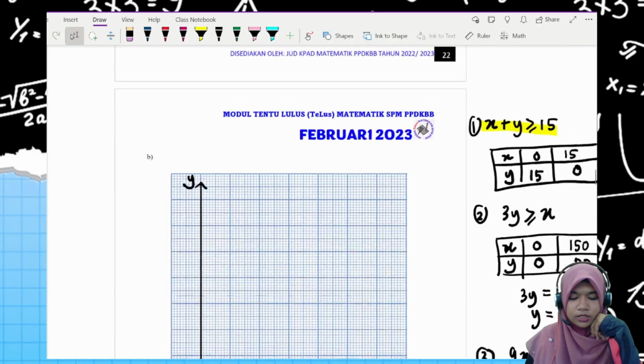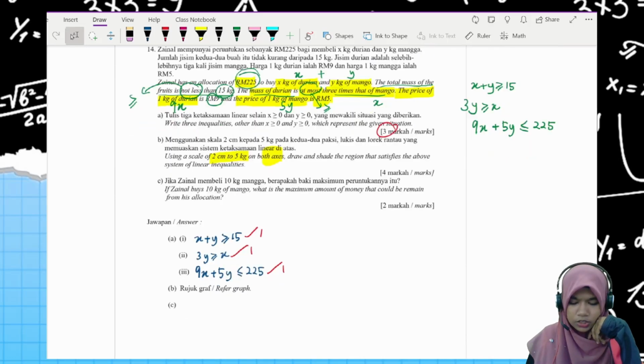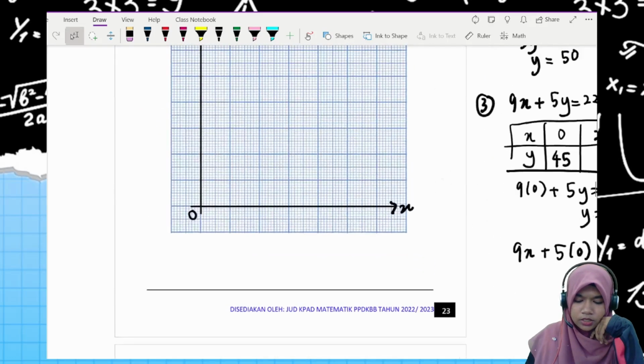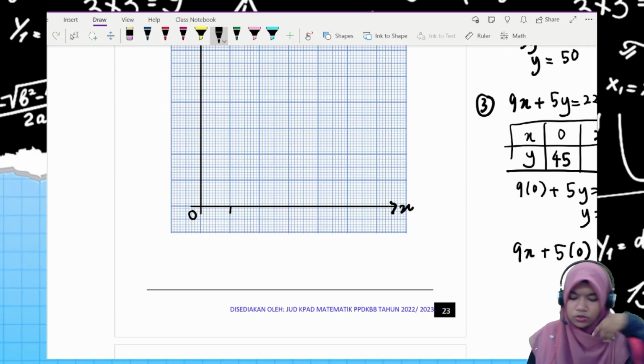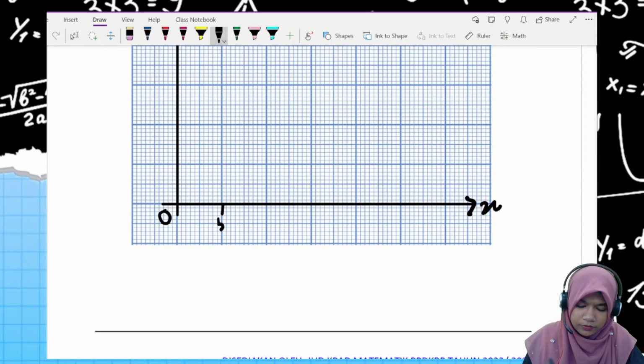Make sure you use the scale given in the question, 2 cm to 5 kg. Every 2 centimeters is 5 kg.